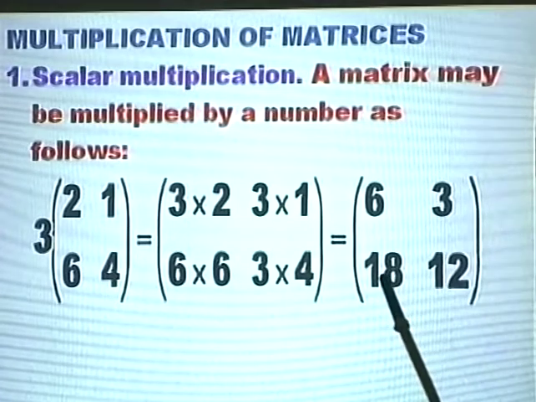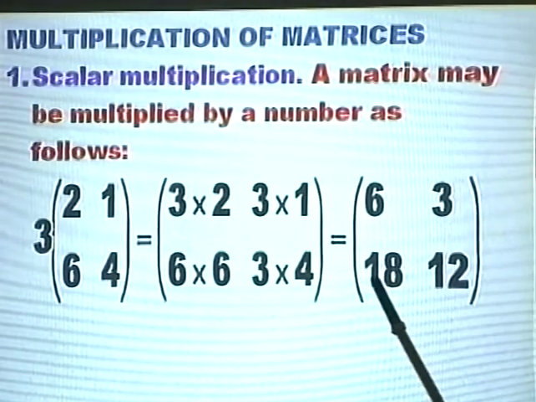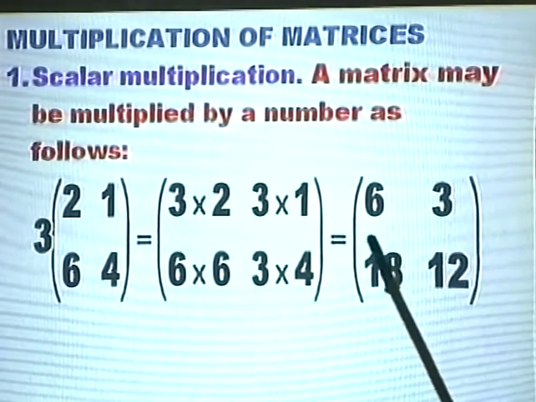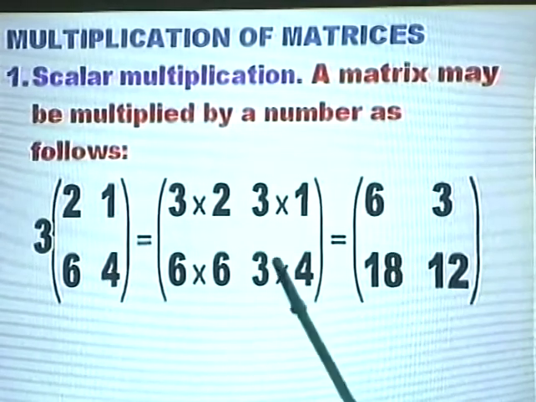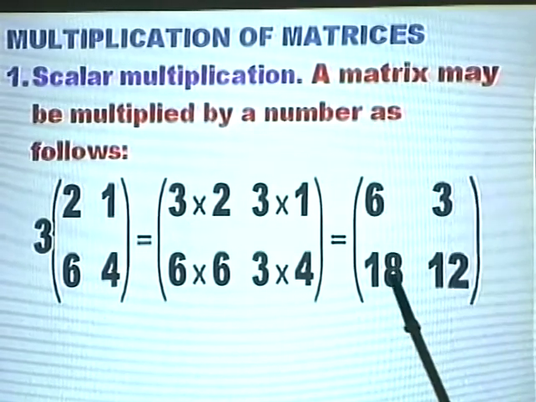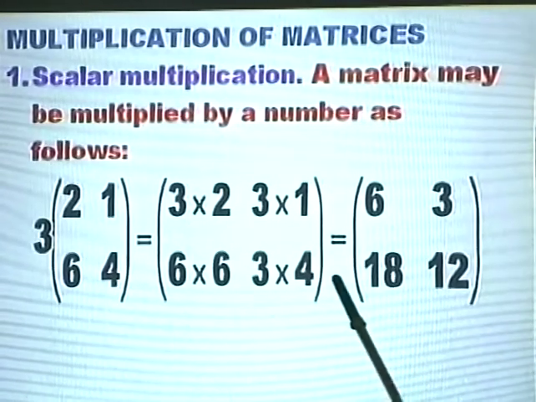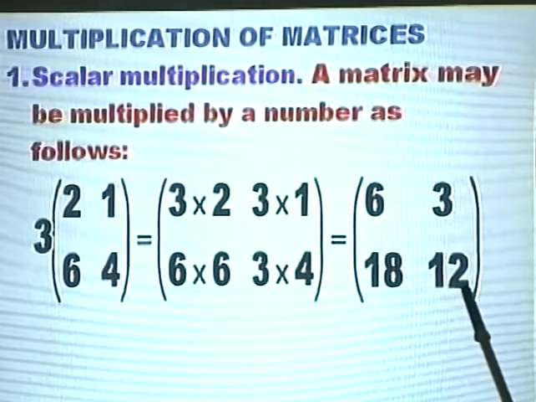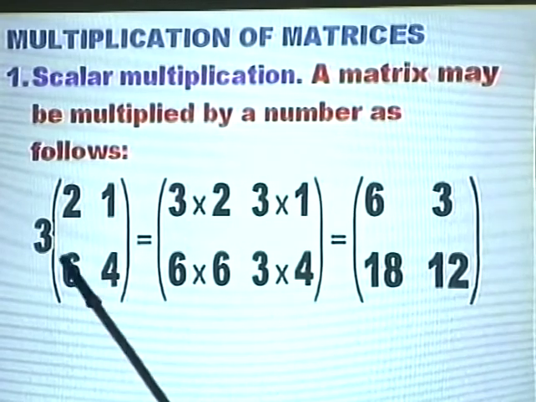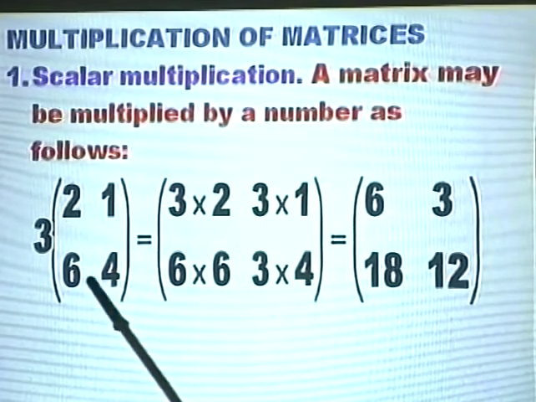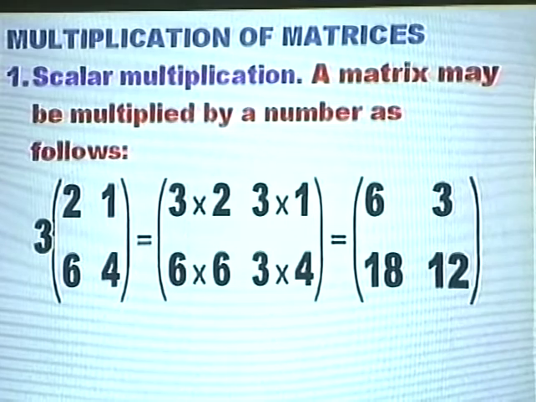Okay, I've got the correct answer here. So we get 6, 3 times 2 is 6, 3 times 1 is 3, 6 times 3 is 18, and 4 times 3 is 12. So this is the answer to 3 multiplied by this matrix.